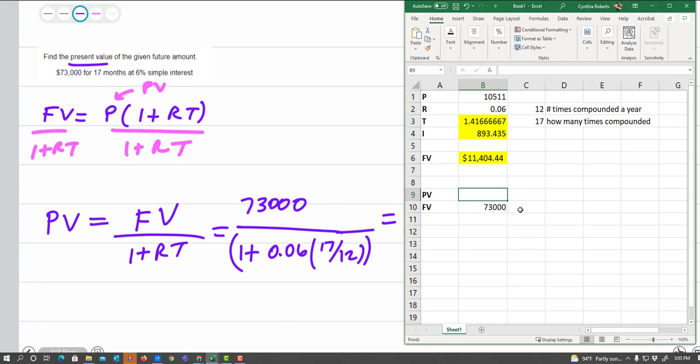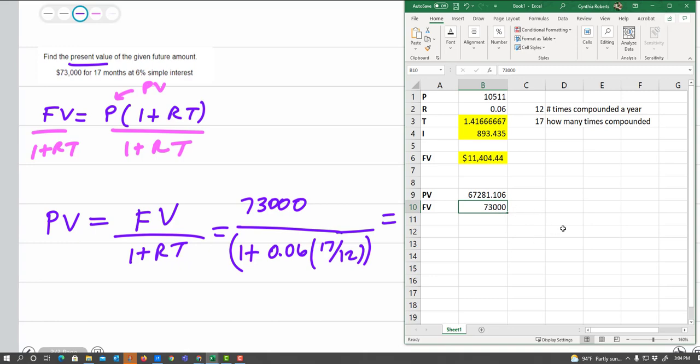So what I could do to find present value, we just said present value equals the future value divided by 1 plus interest times time, and close that parentheses, and notice I get the same answer.